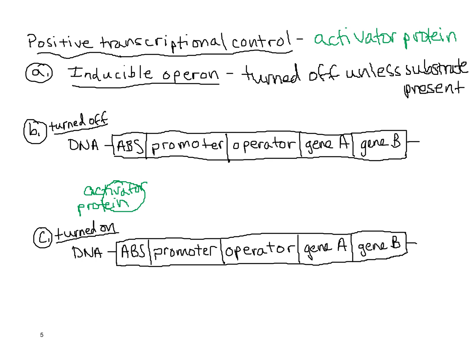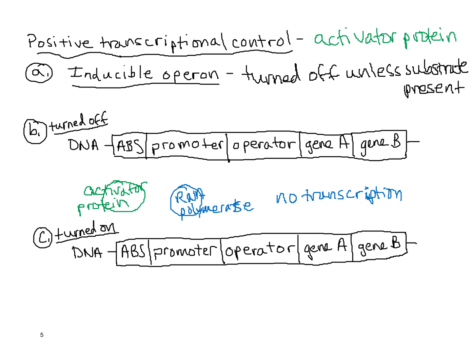And then that means that the RNA polymerase cannot bind to the promoter because the activator protein is not around to help it. So there won't be any transcription, and that'll turn this inducible operon off.